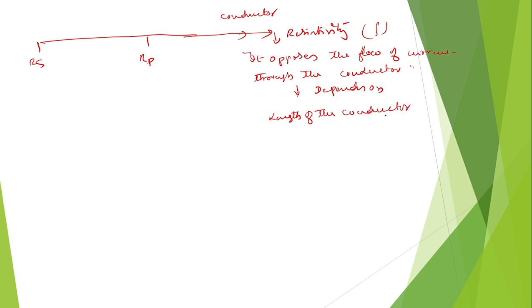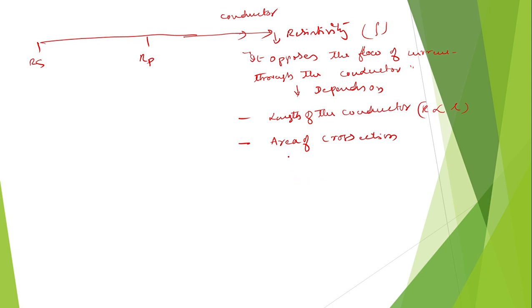That means R is directly proportional to L. Number one condition. Number two, area of cross section.